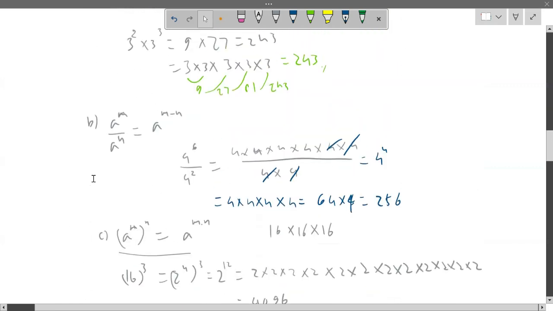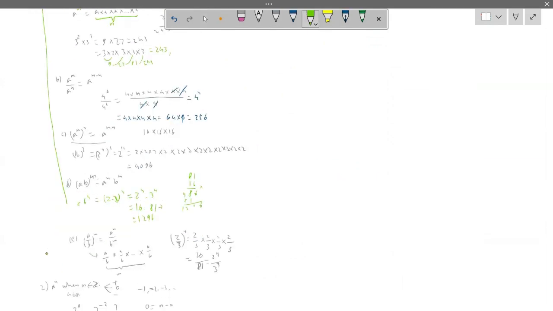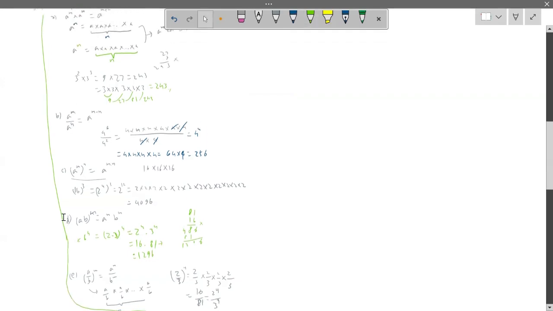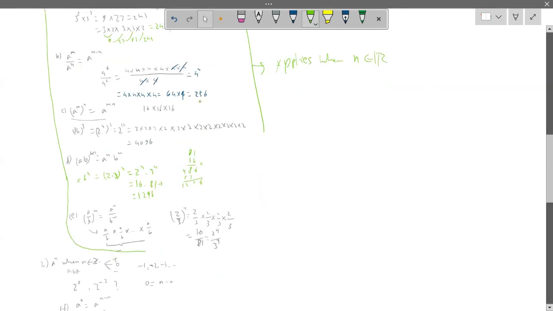Now, here's the thing. Each of the following properties here, and the other one, they all apply, even though the exponent is not an integer. Actually, they all apply in general when n is a real number.